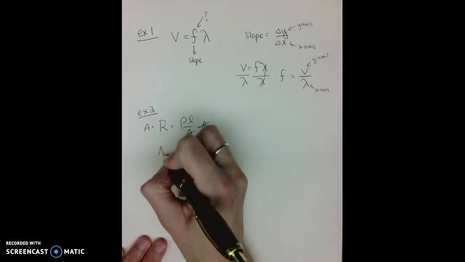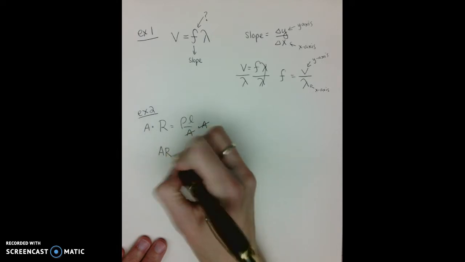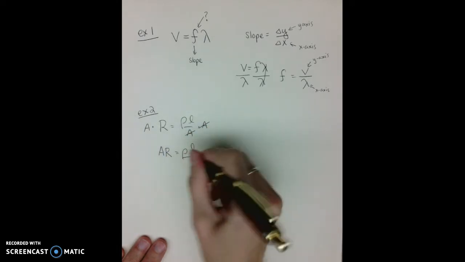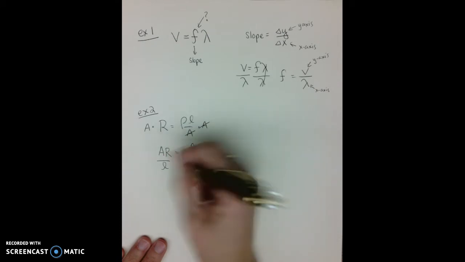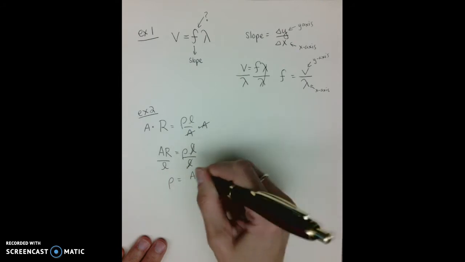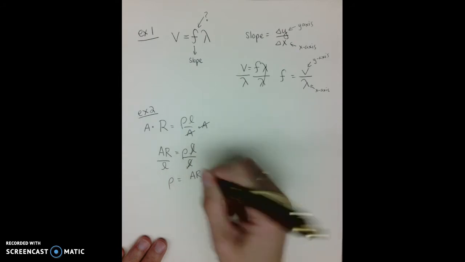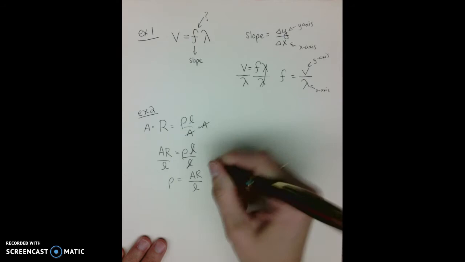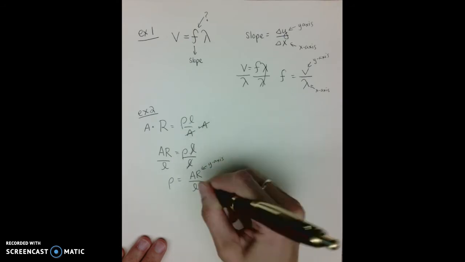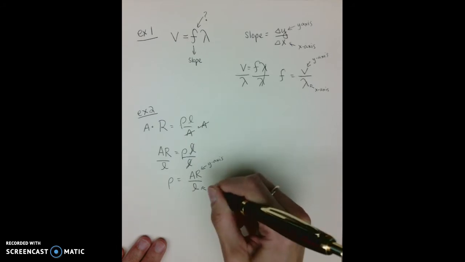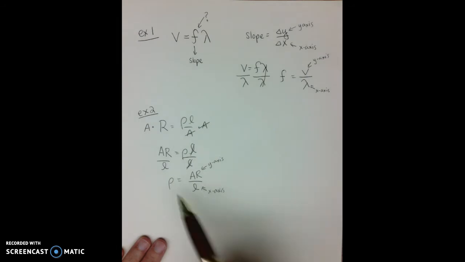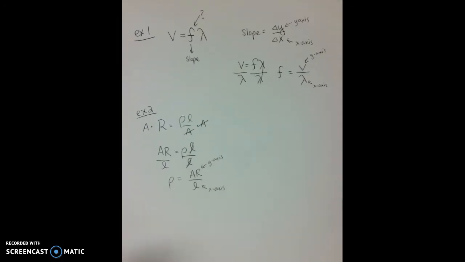And then I get area, cross-sectional area times resistance is equal to rho times L. And then I would divide by L. And I'm left with rho is equal to area, cross-sectional area, times resistance over L. So this value I would put on my y-axis, and this value I would put on my x-axis. And then my slope would be the resistivity of the material.